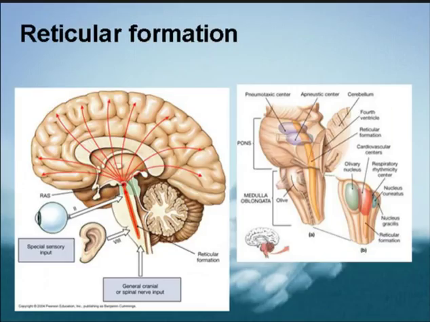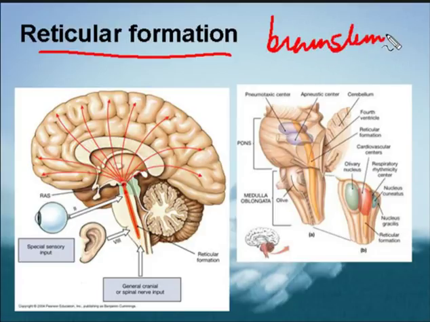Let's now do a little bit on the reticular formation. The reticular formation is an area of gray matter that is spread out through the entire brain stem. It was a very old neural network which was prominent in the reptilian brain stem.